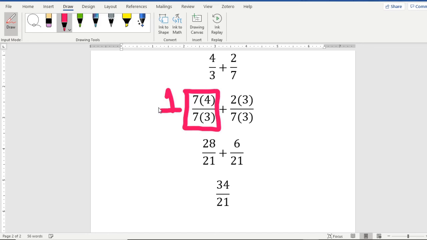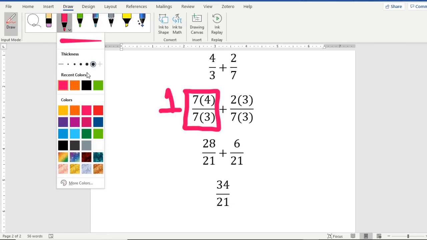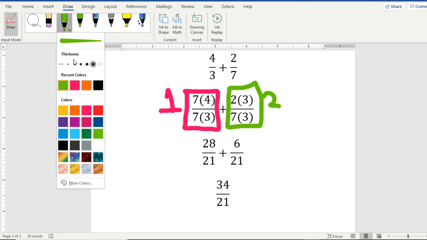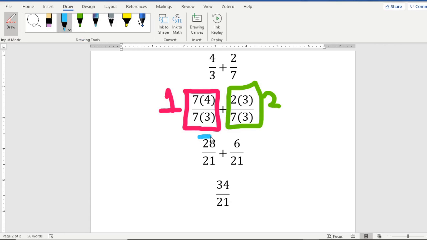Step 2, I'll put as green. This is step 2. Okay. And then step 3, I'll put as blue. This is step 3.